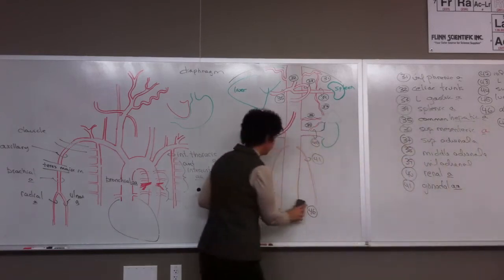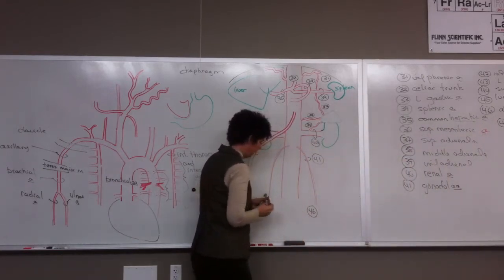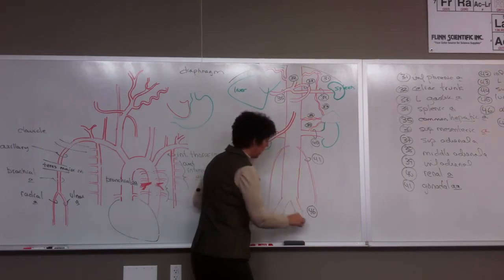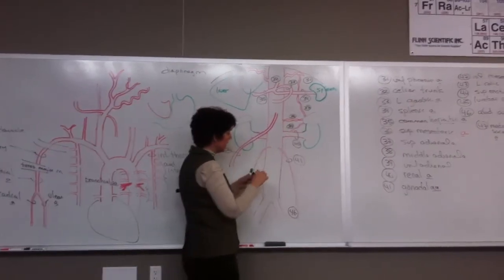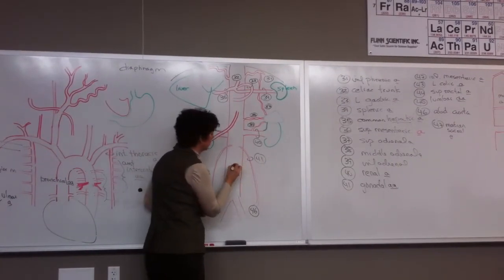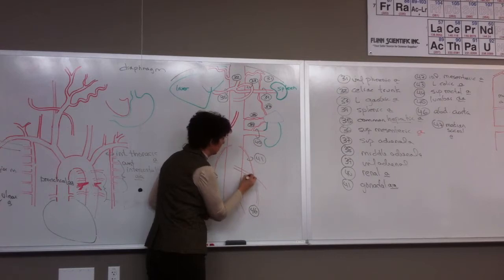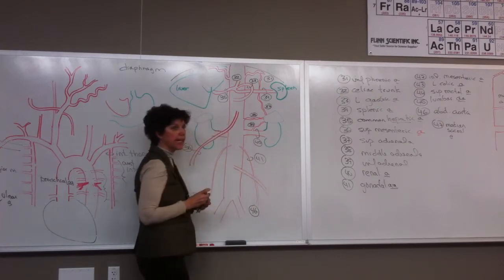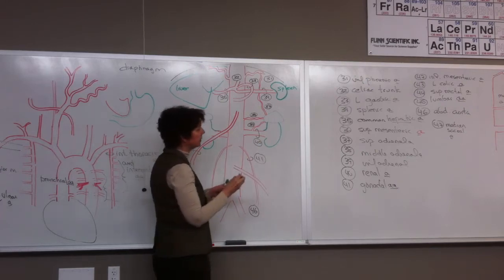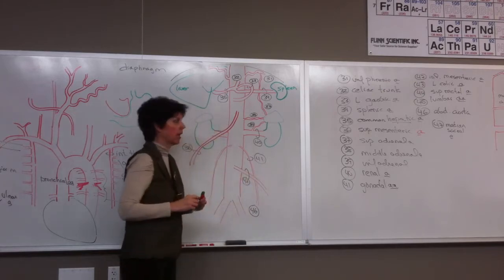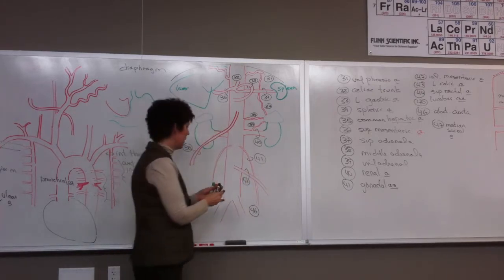And then finally, we have our blood supply to the descending colon, which is going to go to the left. And this is the inferior mesenteric. It divides, I guess I erased my intestine there.